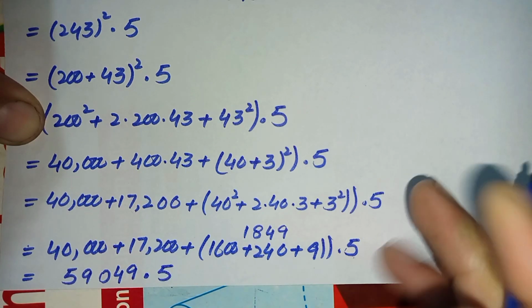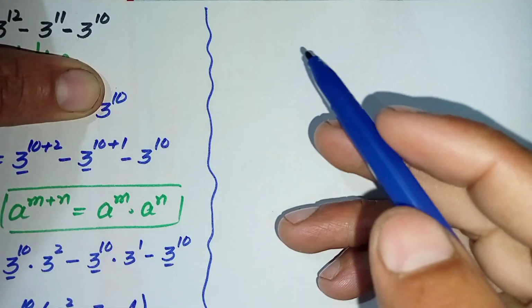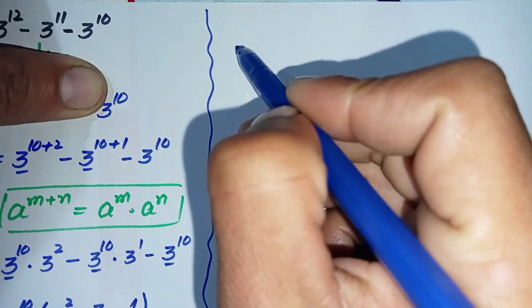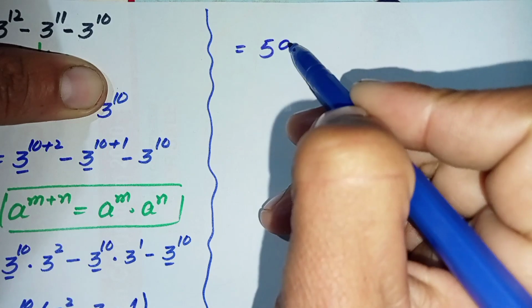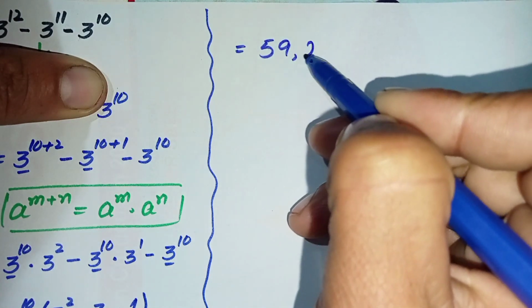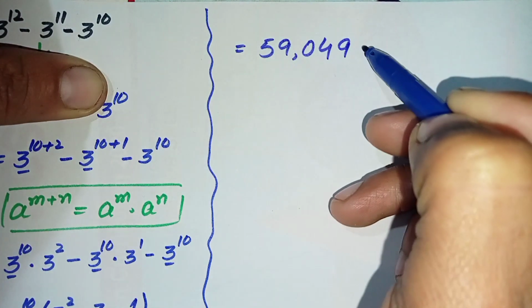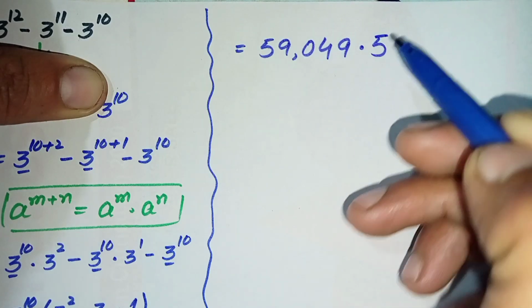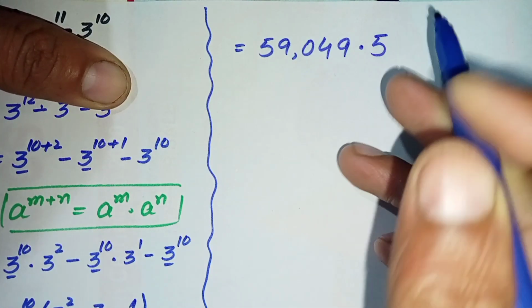Now we will do the further steps here. The last equation is equal to 59,049 times 5.